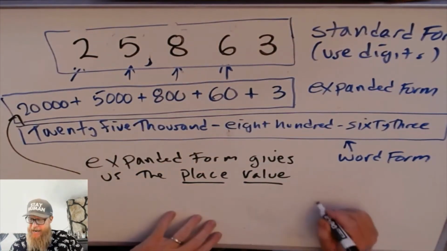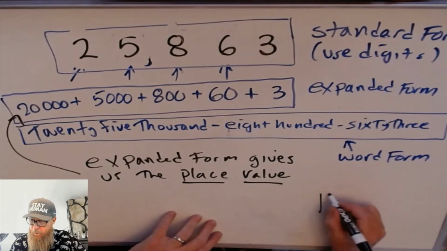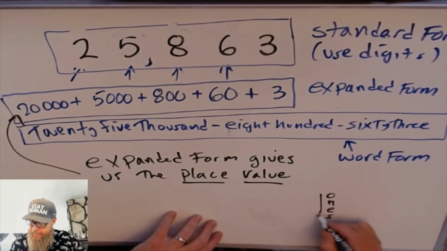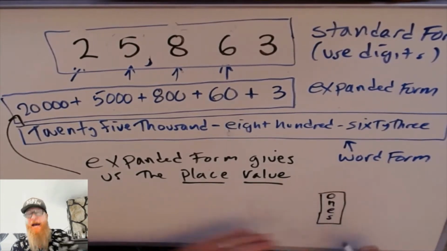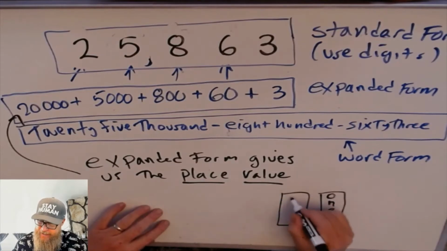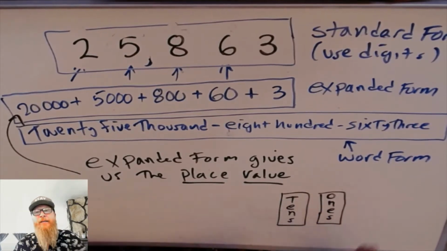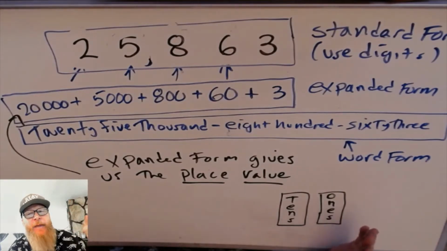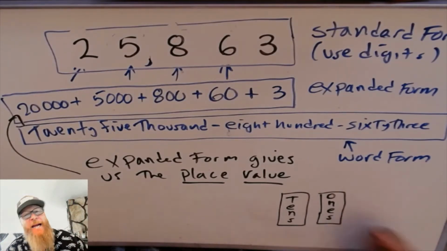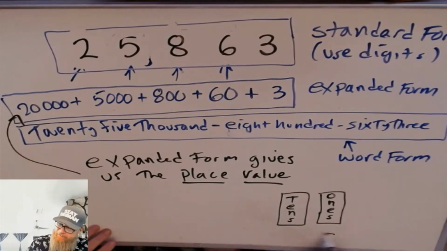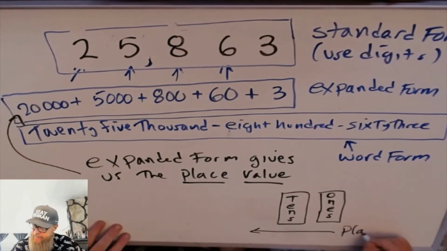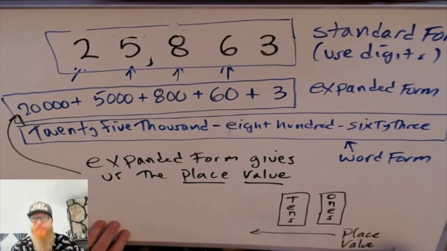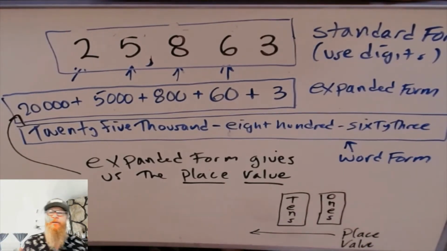We always start with the ones on the far right, and we read towards the left. I don't know why I just said left; I'm looking at the camera backwards. We start at the right and we read towards the left, the place value.